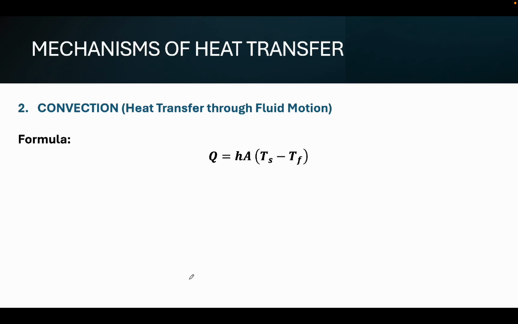Okay, so we have the formula for convection. Q is equal to H times A times the difference of TS and TF. Q again is the heat transfer. H is the convection heat transfer coefficient.